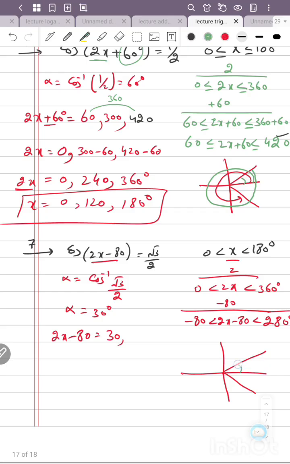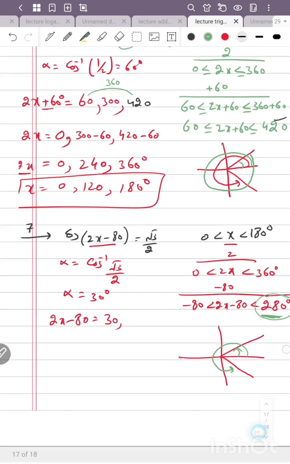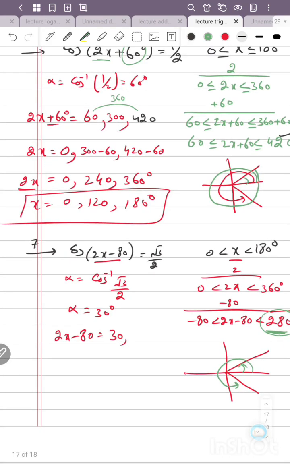In the first quadrant it is the same, and then it moves from here to here, so in the first quadrant it will be 30. Its limit is 280. When we put 360 minus 30, we get 330. But we don't write 330, because our limit is 280. Now we will go to the next level.